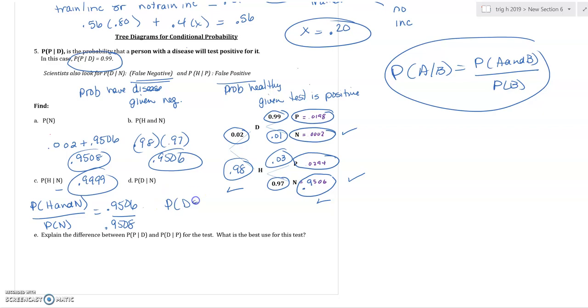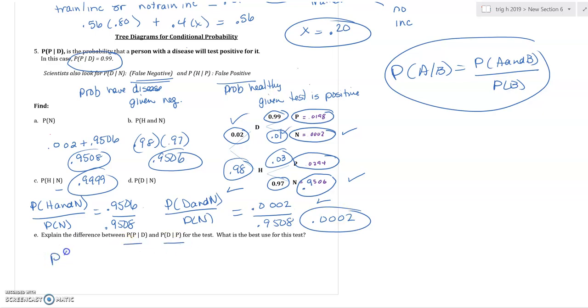So probability of disease and negative divided by the probability of any old negative. So that's disease and negative divided by any old negative, which is 0.0002.